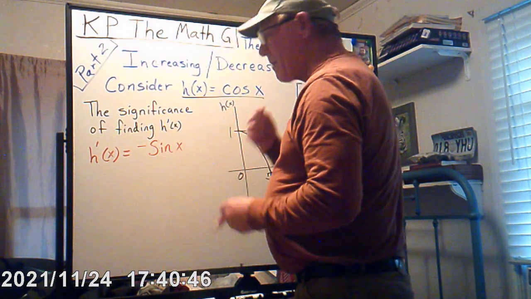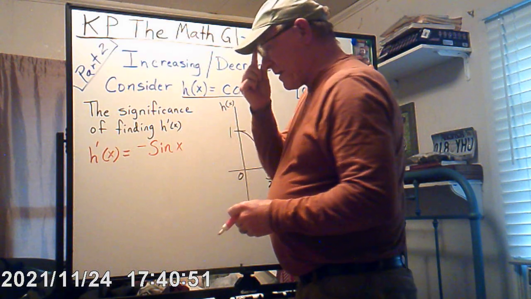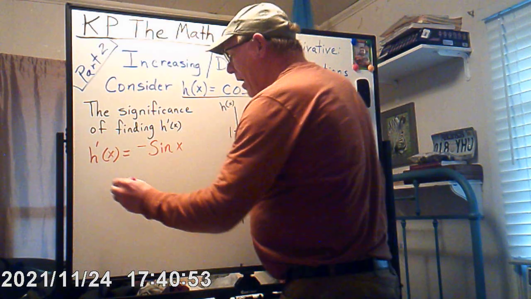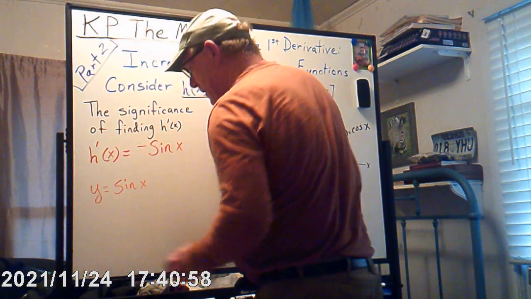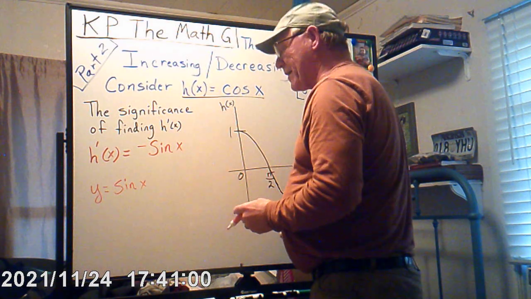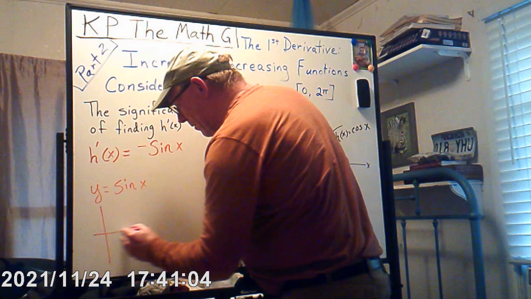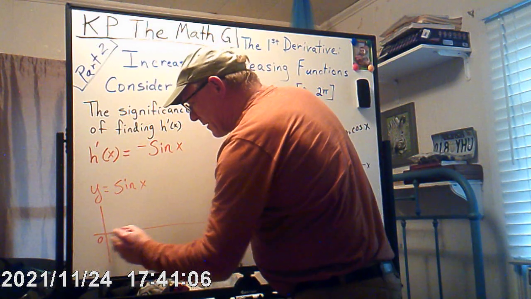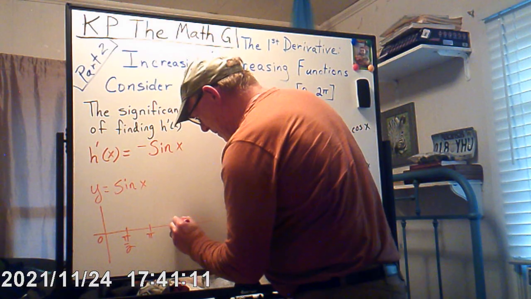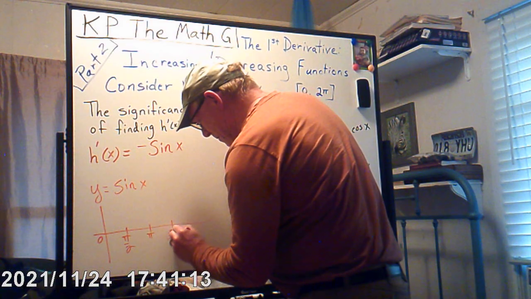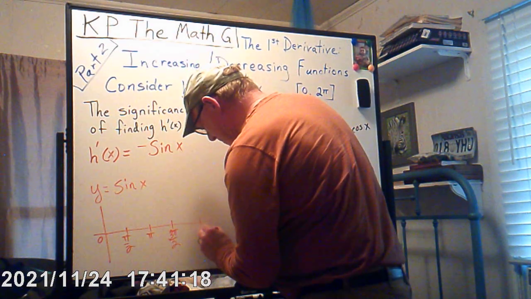Well, on the side, what I like to do is just take a look at y equals positive sine x, and then look at what negative sine does. Just a real brief, very small picture here. Here's 0, pi over 2, pi, 3 pi over 2, and 2 pi.